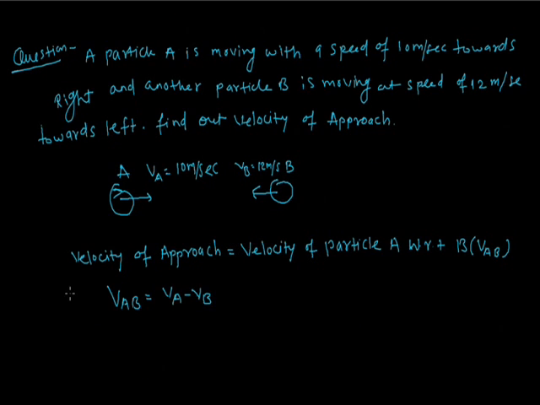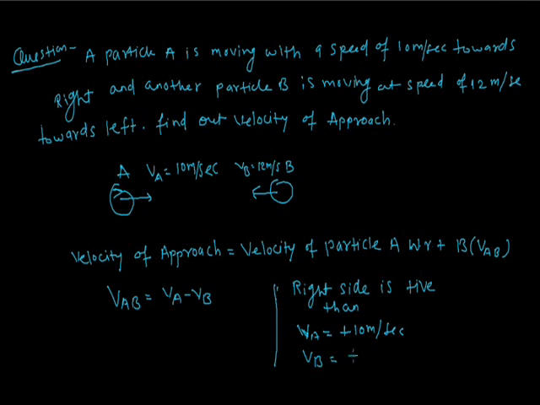If we consider the right side as positive, VA will be plus 10 meter per second and VB will be minus 12 meter per second, because particle B is moving towards left.